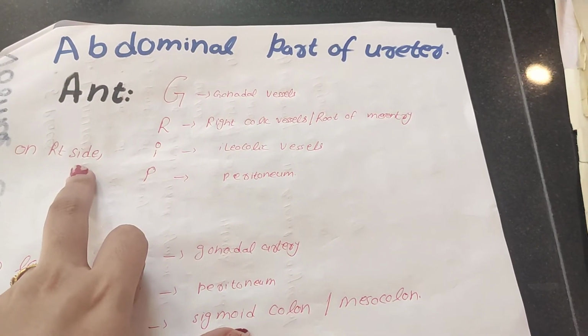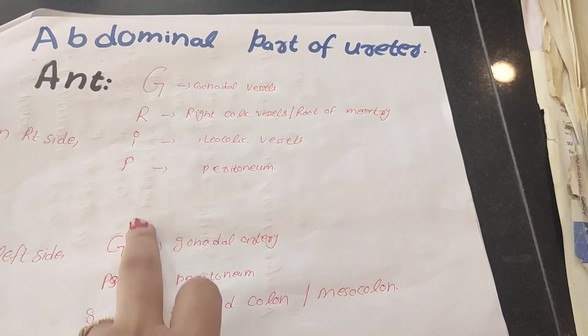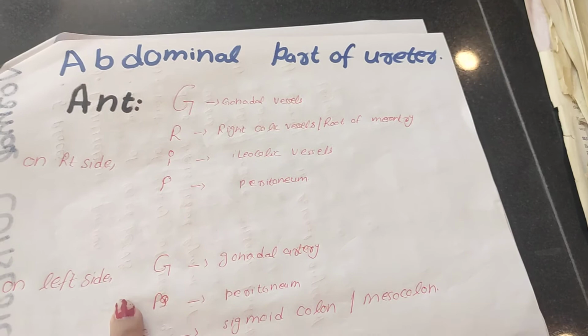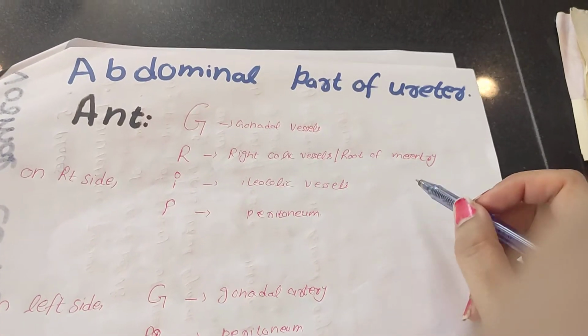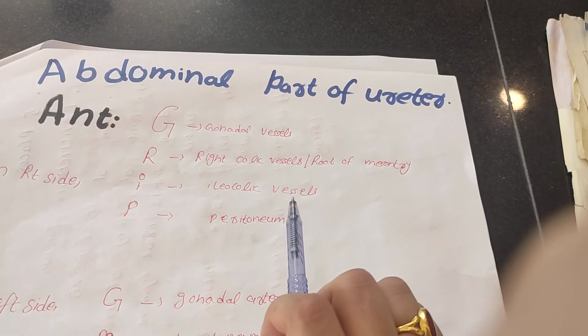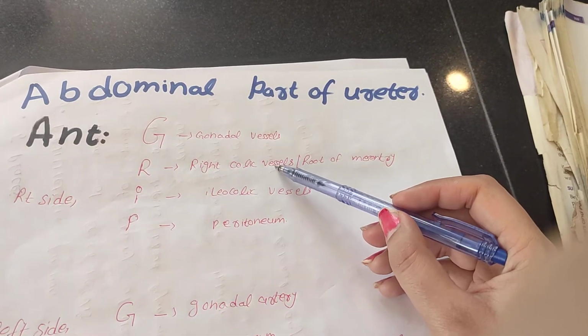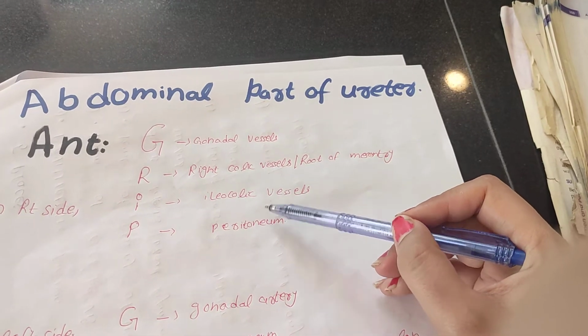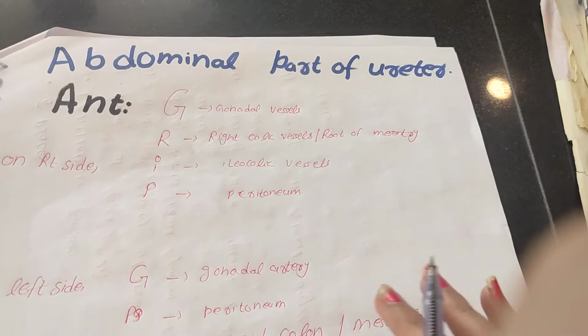For the right side, you need to make this mnemonic GRIP. G stands for gonadal vessels, R stands for right colic vessels and root of mesentery, I is ileocolic vessels, and P is for peritoneum. So gonadal vessels, right colic vessels, ileocolic vessels, and peritoneum make up the anterior relations of the right ureter.